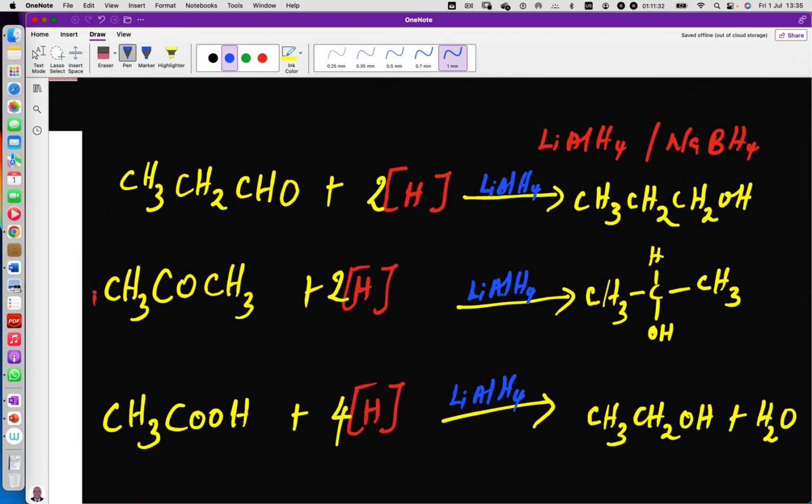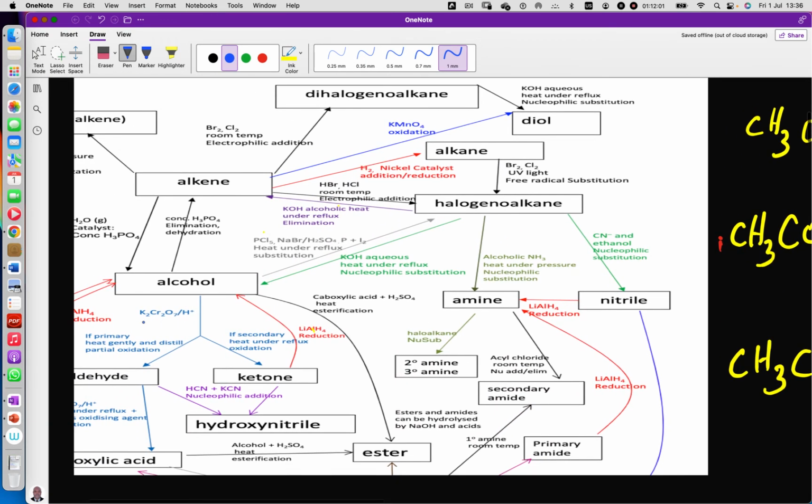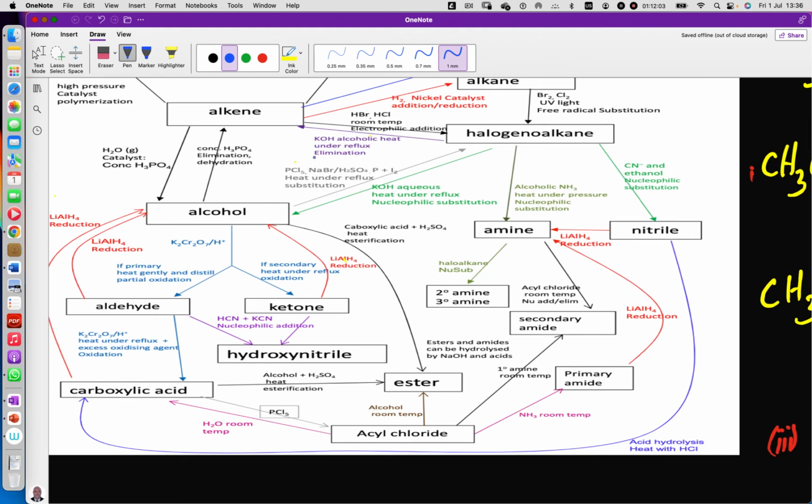So we can do this. We can reduce aldehydes to primary alcohol. We can reduce ketone to secondary alcohol, and we can reduce acids, carboxylic acids, back to corresponding primary alcohols. So now let's go back to here.